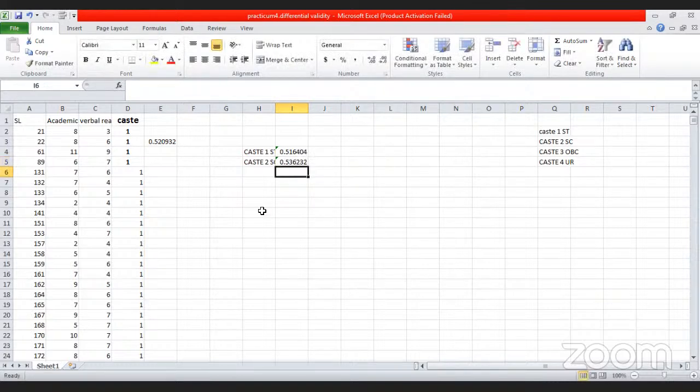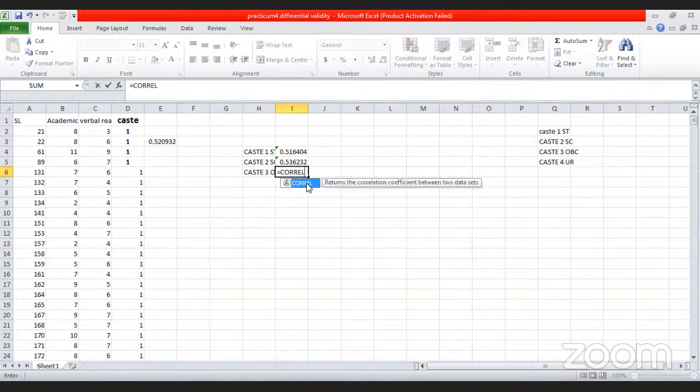So I got the first 2, the correlation coefficient is 0.53. Caste 3, that is OBC. I have to select from the 3.